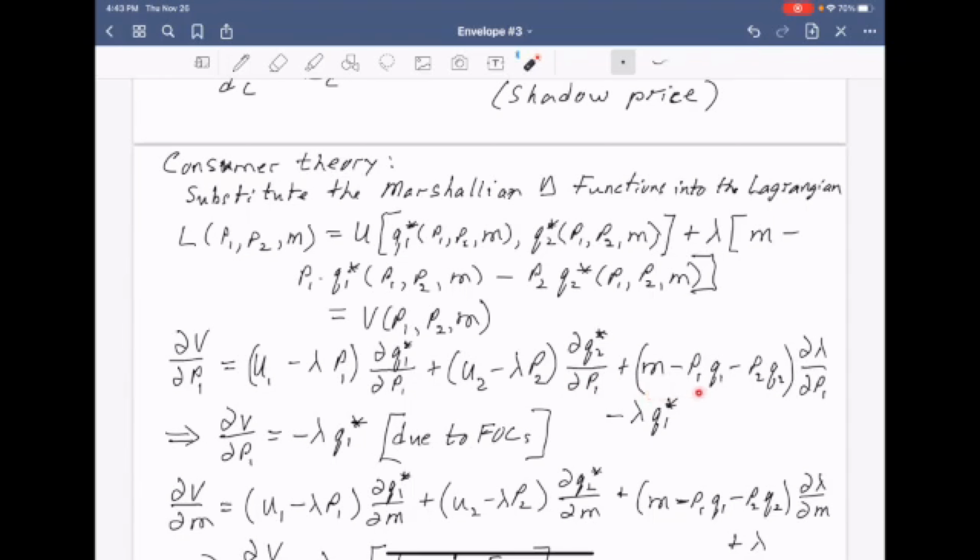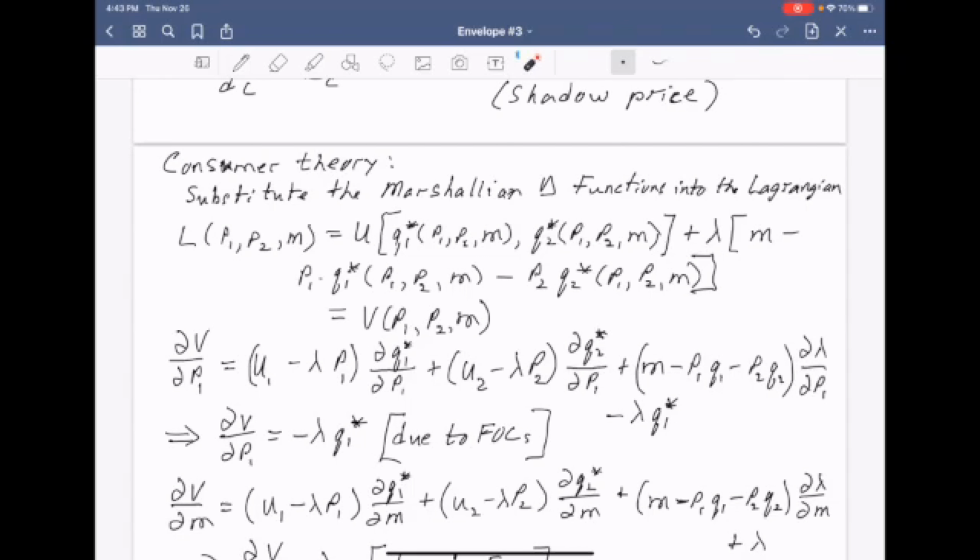Then we get back the budget constraint, which would turn out to be 0, multiplied by the partial of lambda with respect to p1, and we end up with minus lambda times the Marshallian demand for Q1.